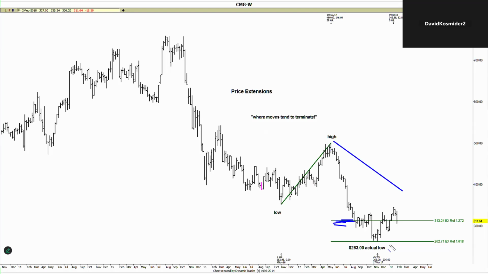But as far as the 1618 extension, that came in at 262.71. Now, not a perfect hit, but the actual low was 263 even. And even though this doesn't look like it was much of a rally, this was a rally of $82.88 off of that extension. Okay. So I always watch price extensions for possible termination of moves.